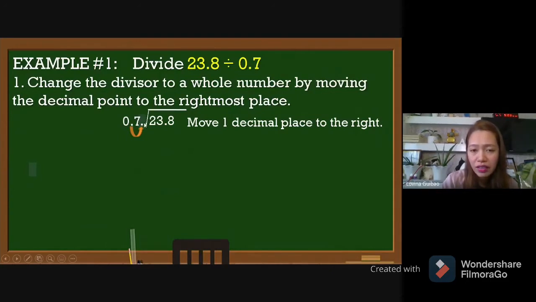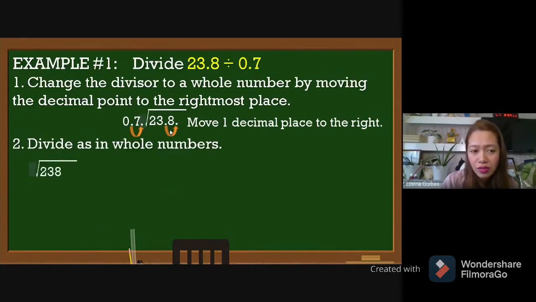Dahil nag-move ka ng 1 decimal place to the right, ganun din ang gagawin mo kay dividend. To the right also. So, the final problem becomes divide as in whole numbers. Magiging ganito ang itsura niya. Okay? Kasi nalipat na natin yung decimal point to the rightmost.